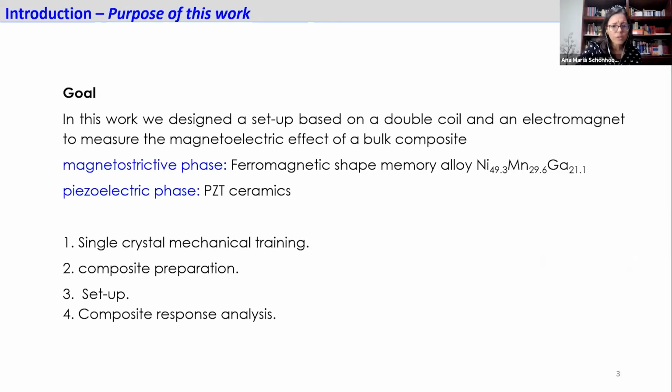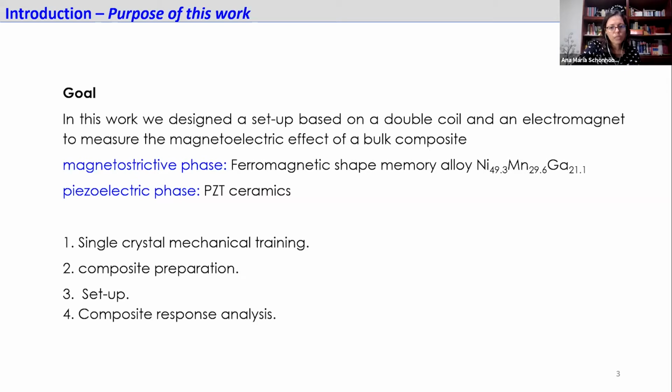In this work, we designed a setup to measure the magnetoelectric effect of a bulk composite. This bulk composite was composed of a magnetostrictive phase, which was a ferromagnetic shape memory alloy of single crystal nickel manganese gallium, and the piezoelectric phase was lead zirconate titanate ceramics.